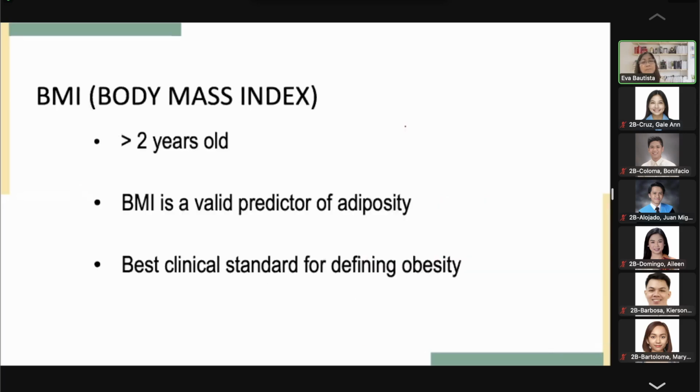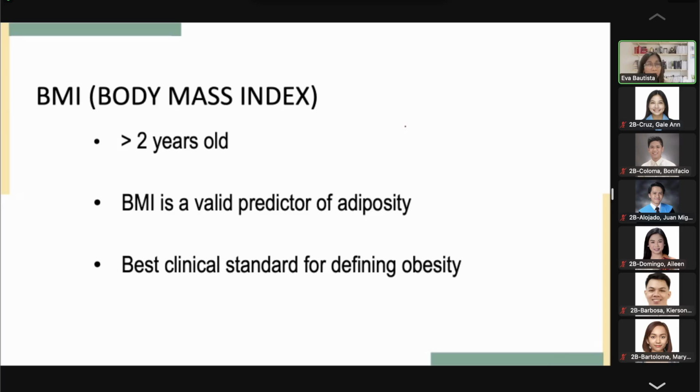So we measure the BMI for those more than 2 years of age. It is a predictor of adiposity, okay? But, meron din siyang weaknesses, okay? Because it's just the weight and the height. And we know that when we talk of weight, is that fats? Maybe in infants, yes.